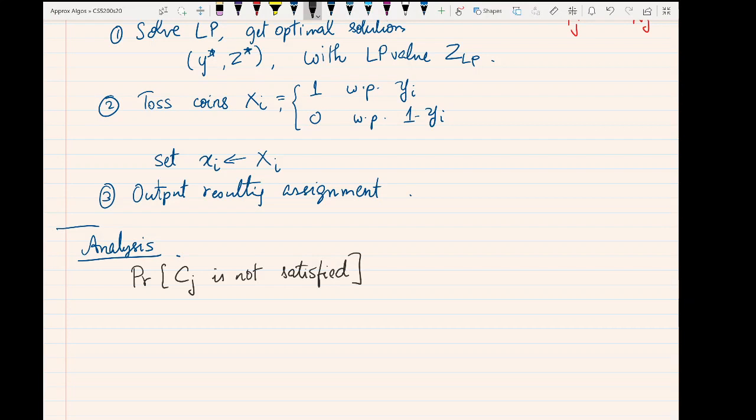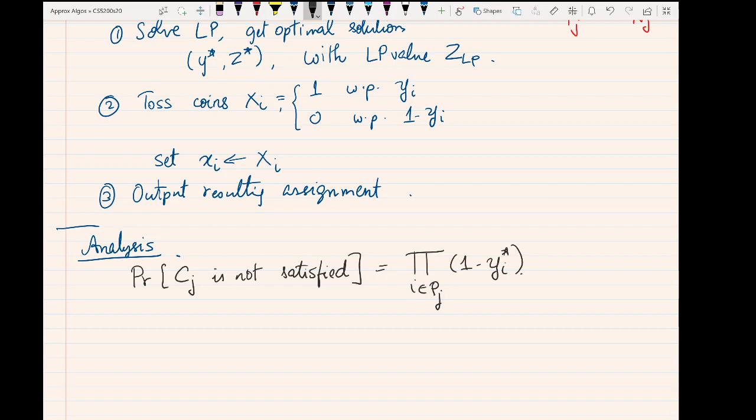So this is happening for a fixed j. What is it? Well, Cj is not satisfied when all the literals involved in it are set to 0, right? So look at the positive literals. What is the probability that a single positive literal i, which is involved in the clause Cj, is set to 0? Well, it is just 1 minus yi star, right?